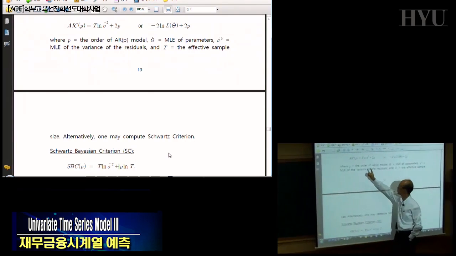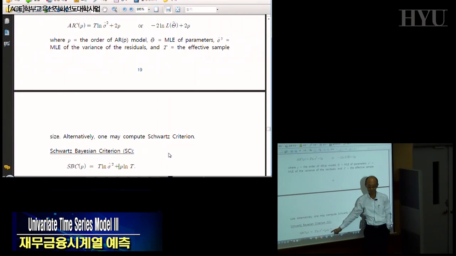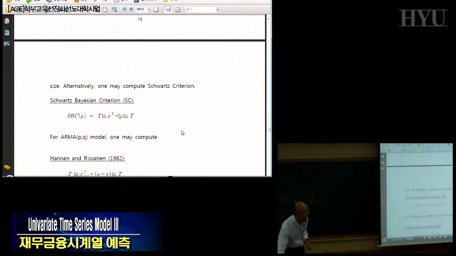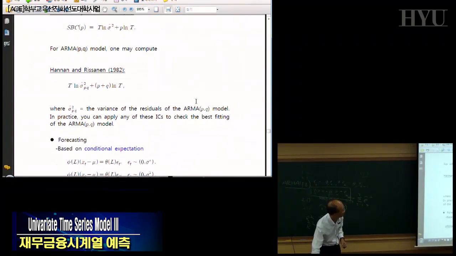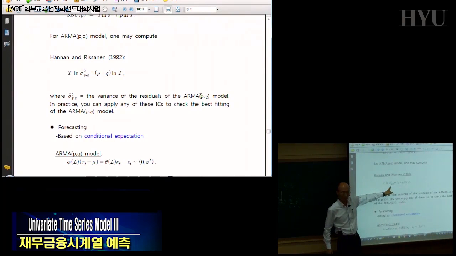In the Akaike information criterion, the coefficient to the penalty term is 2, a constant number. The Schwartz criterion uses the natural log of the sample size. So if T increases, it really increases. This is what I said. We fit this model and take this one, and the number of parameters is P plus Q.